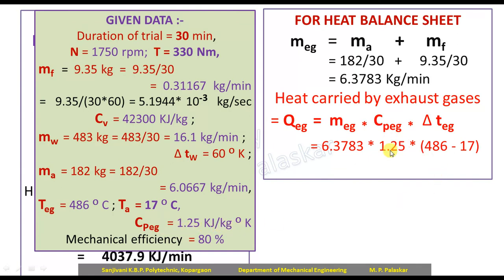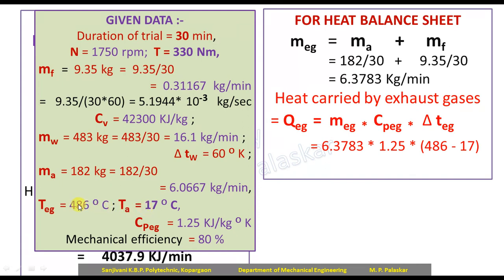So 1.25 is substituted here, and the change in temperature of the exhaust gases can be obtained from this difference. This is the temperature of the exhaust gases and this is the temperature of the air.